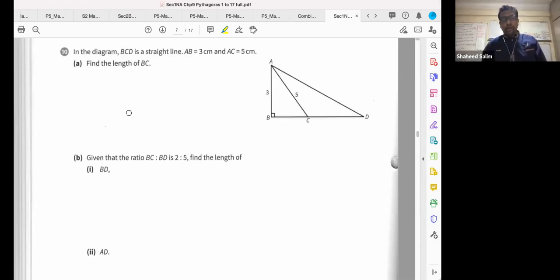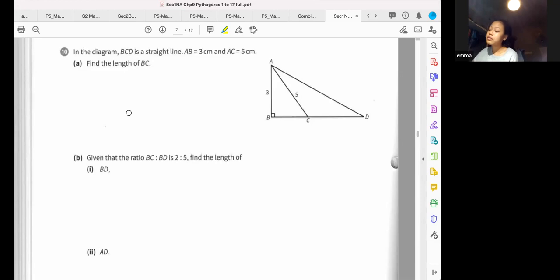Oh, well done, congratulations. Given that the ratio of BC to BD is 2:5, find BD.